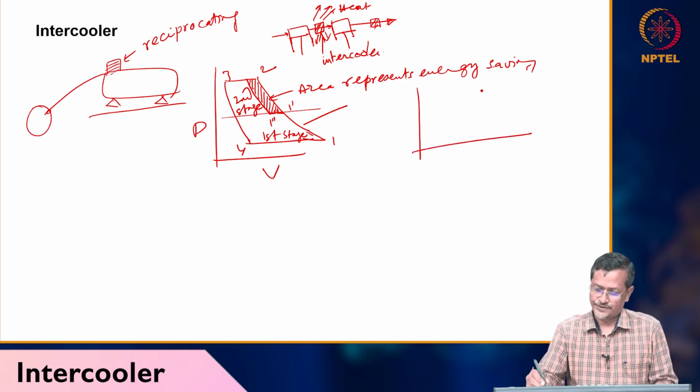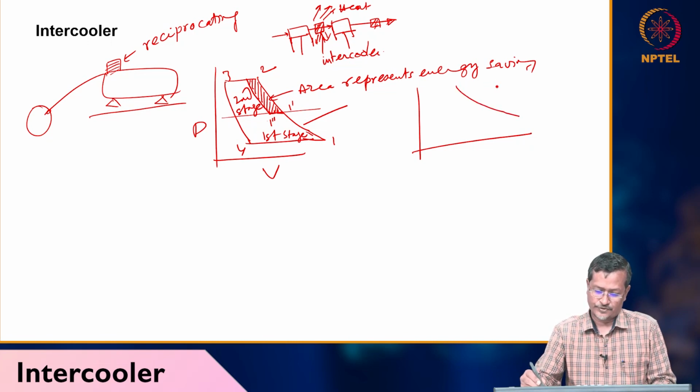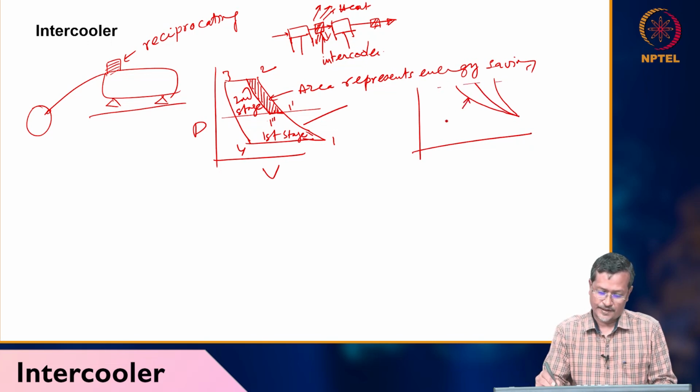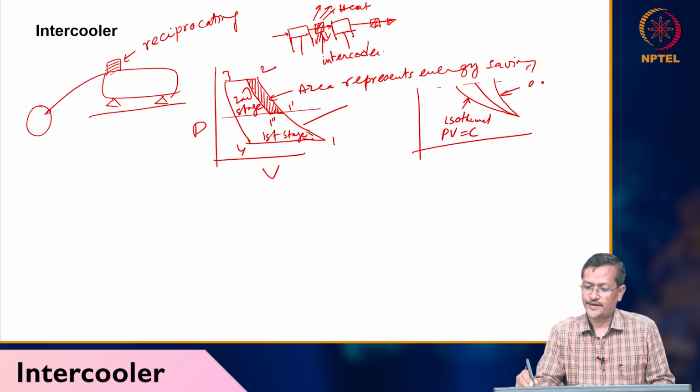PV, let's say compression is polytropic, isentropic, polytropic. This is isothermal, PV equals constant. This is adiabatic, PV^gamma equals constant.